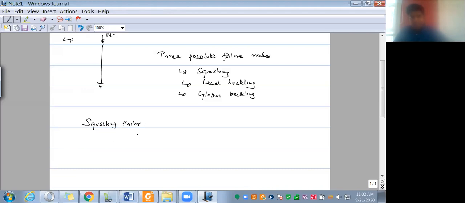Failure. So if squashing failure is occurring, your NEd should be less than or equal to NcRd.